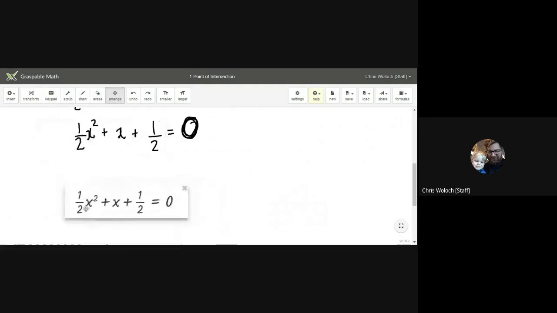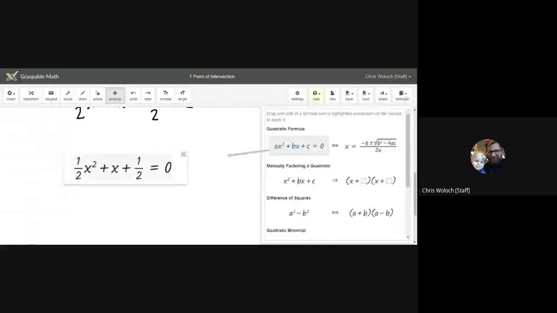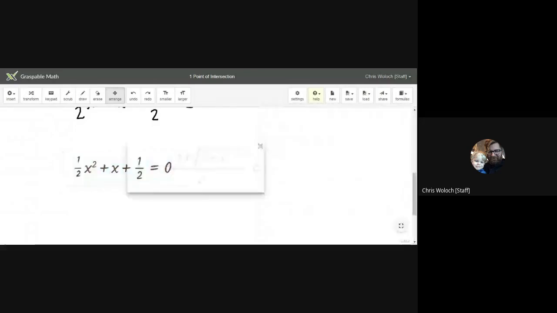I'm going to move that down here. So what I'm going to do is use the quadratic formula for this one, and then it does it for me automatically.